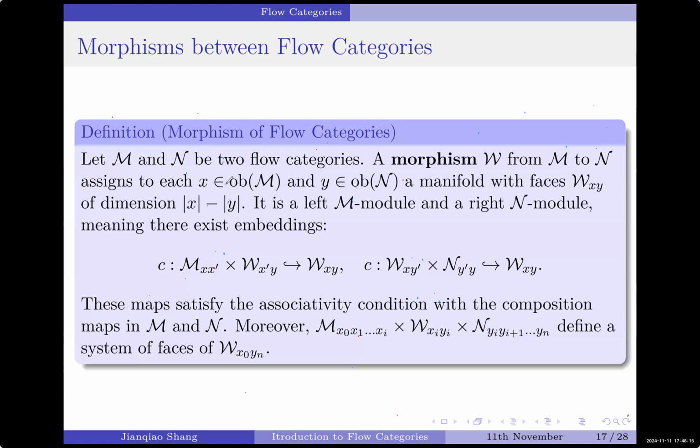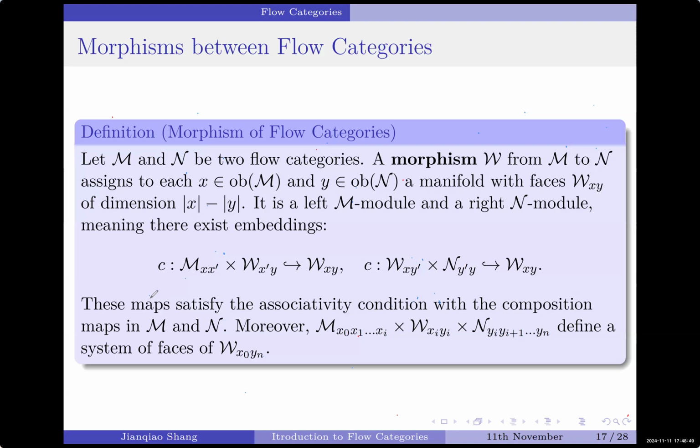Just like what we did in the first part, we can define the morphisms of flow categories. A morphism W from M to N is, for a given X in objects of M and Y in objects of N, a manifold with faces WXY. And we have a composition.